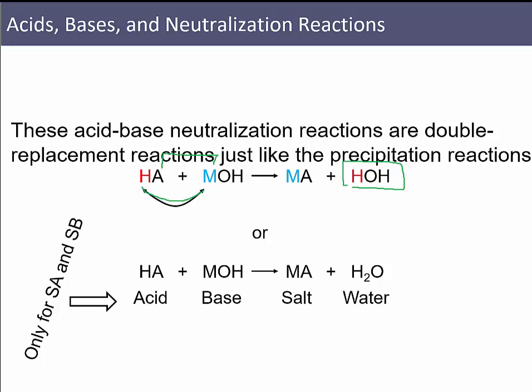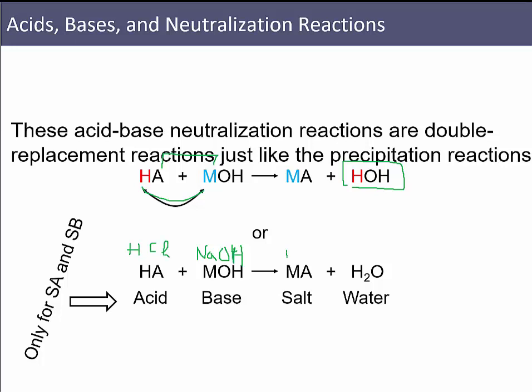So we've got HA as an acid, and MOH as a base, something like sodium hydroxide. This is your go-to strong acid, strong base reaction: HCl, hydrochloric acid, reacting with sodium hydroxide to form a salt, in this case NaCl, table salt, and water.